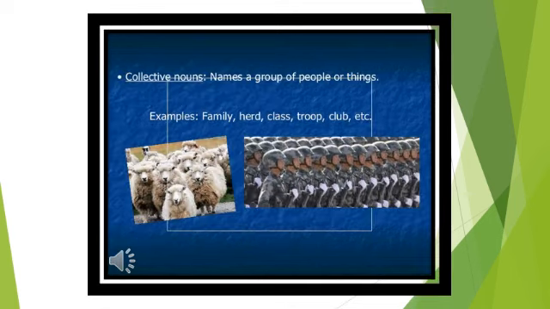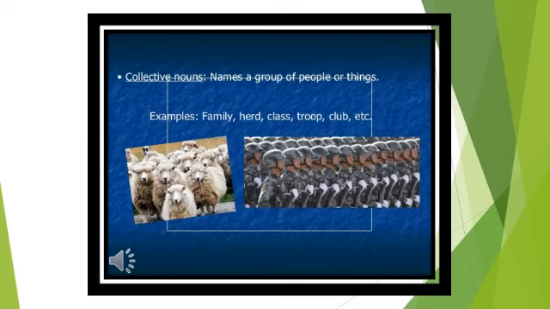Now, in classification, there is a collective noun, which is a part of your course as well. What is a collective noun? Collective nouns are those nouns which name a group of people or ideas. It means that in a collective noun, we do not talk at the individual level. Individuals make one unit, or a whole. For example, family.